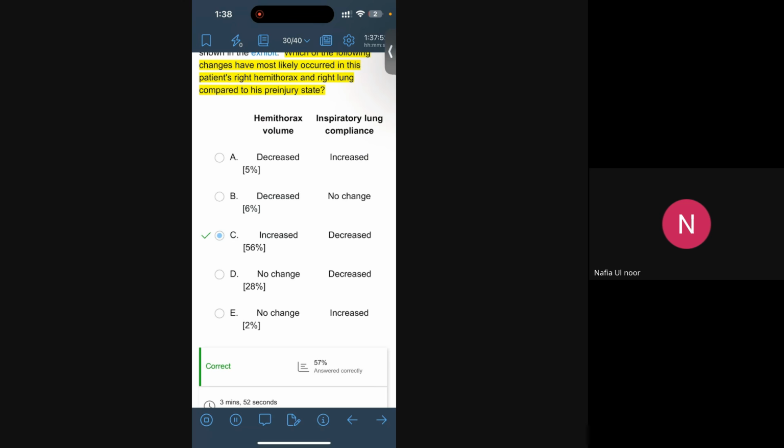The negative pressure is keeping the chest wall a little bit inside so that it can stick to the lungs. But now because of the pneumothorax, negative intrapleural pressure is no longer present, and the chest wall is going to spring outwards and the lungs are going to collapse, which results in an increased chest wall size on the right side as compared to the pre-injury state.